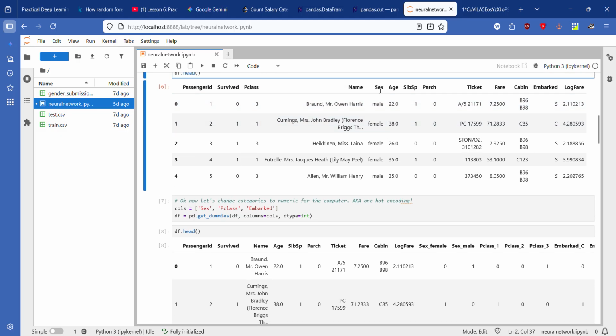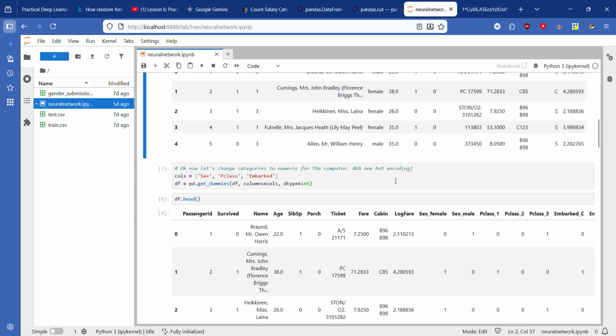So again, we have sex, we have P class right here, and then we have embarked. So again, those don't look like numbers, but we can kind of think of them as numbers if we turn them into categories. Imagine this. Imagine S turns into a 1, C turns into a 0, blah, blah, blah.